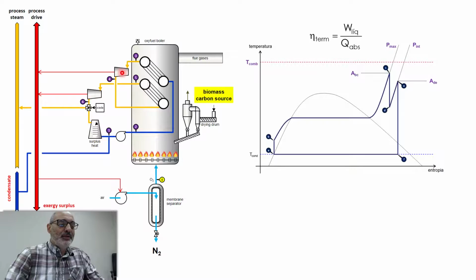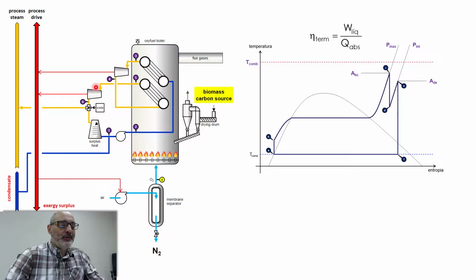Superheated steam expands in a turbine. This is a two-stage thermodynamic cycle. So you produce electricity that you inject in the electricity bus here. Then you have expanded steam. You reheat this, you expand again, produce electricity, inject that in the electricity bus.